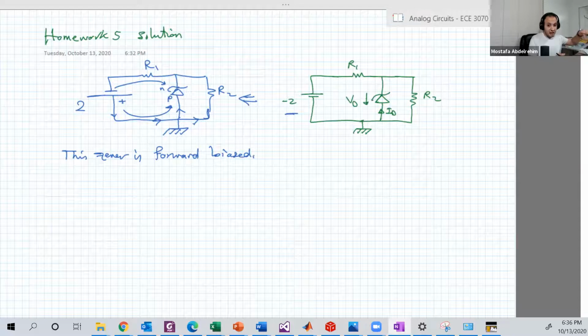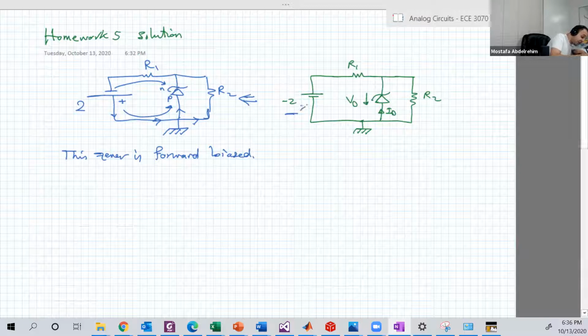Remember, in that particular example we solved in our lecture, we solved it when the battery has this polarity, but the value is positive.